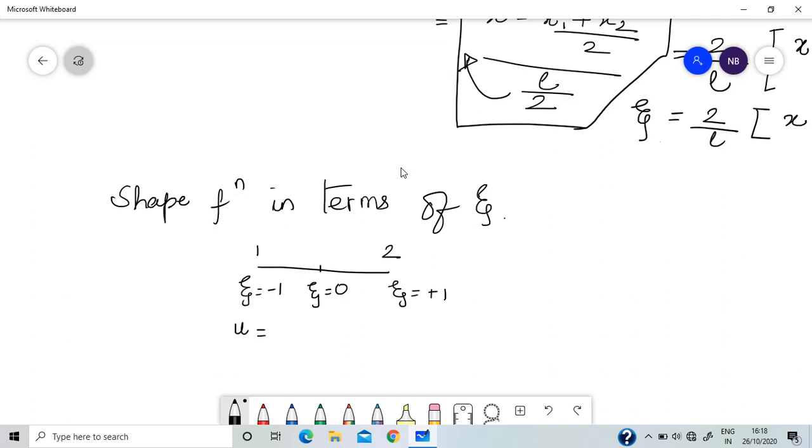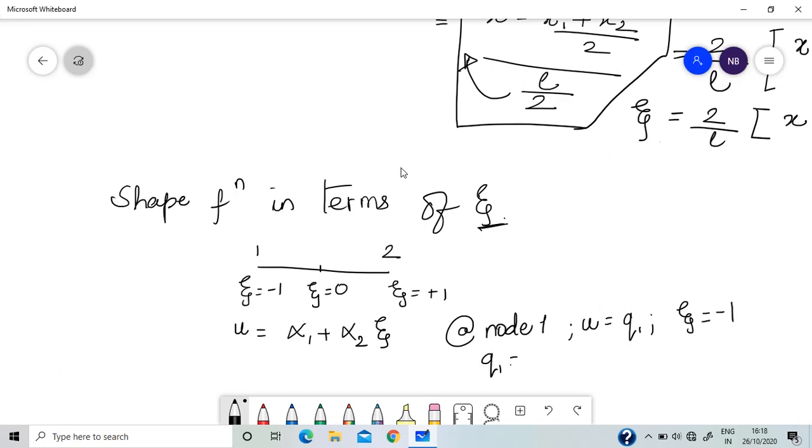The displacement function, again, we will take as alpha 1 plus alpha 2 zeta. If you remember, in the generalized coordinates it was alpha 1 plus alpha 2 x. Now since we are doing it in terms of the natural coordinate system, it is zeta. The steps are the same. So at node 1, let the displacement be q1, and we know that zeta equals -1.